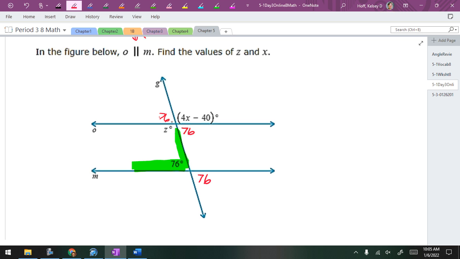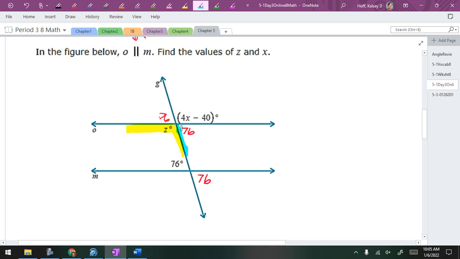Now, I need to look at the X and the Z angles. Can I find an angle relationship with one of the 76s that I could set up an equation? Let's use the Z one first. What angle relationship can I set up with any other 76 that I have? The one right next to it?